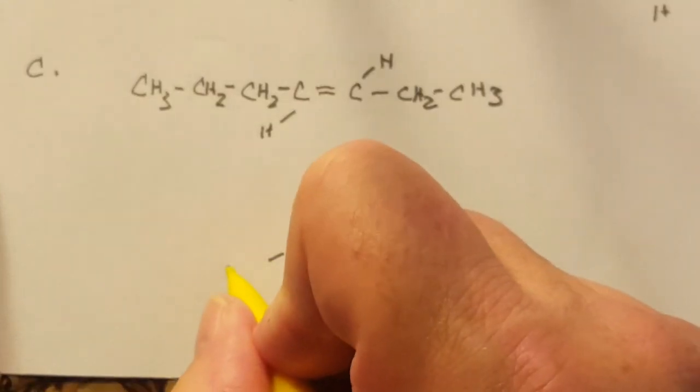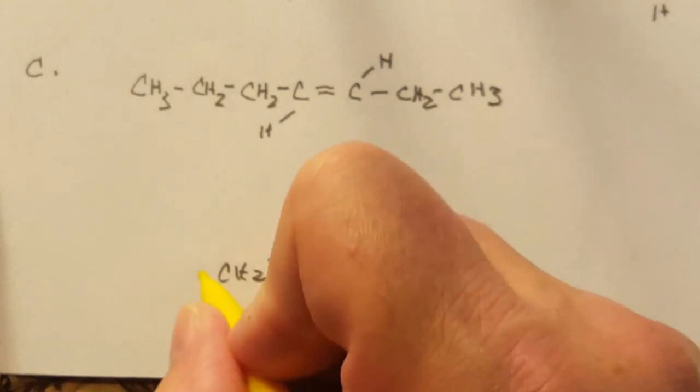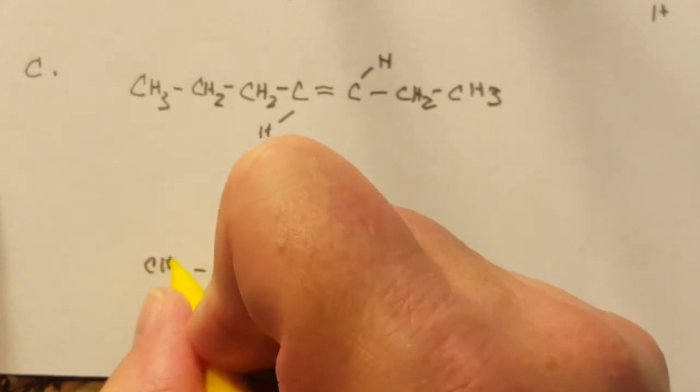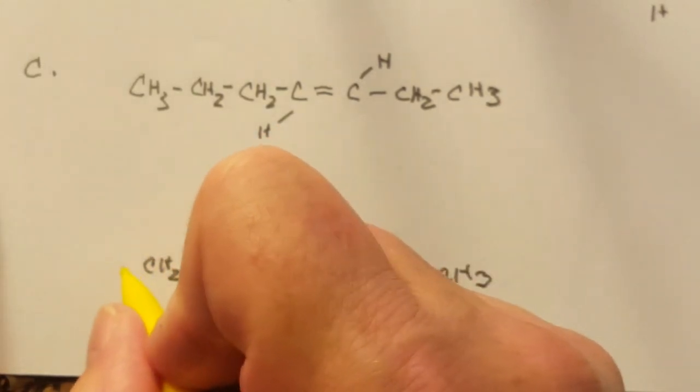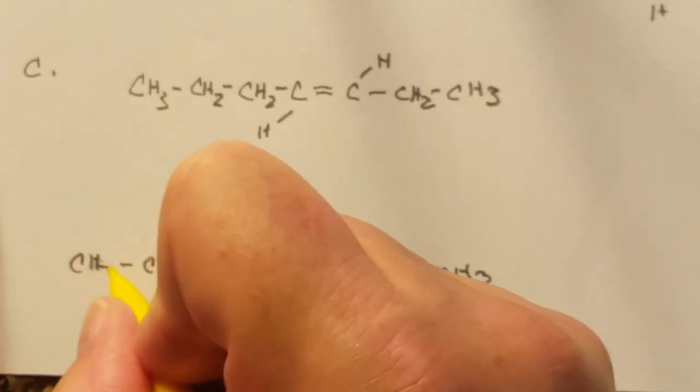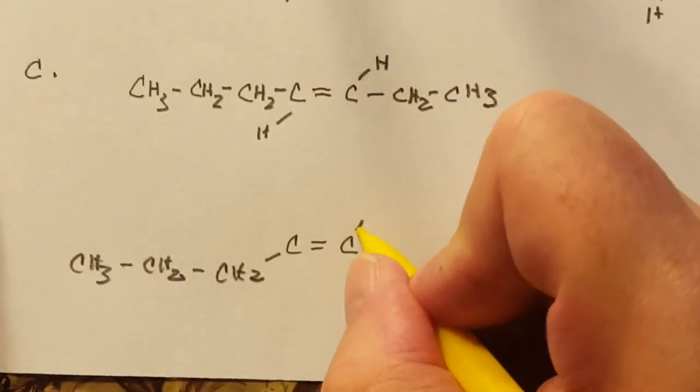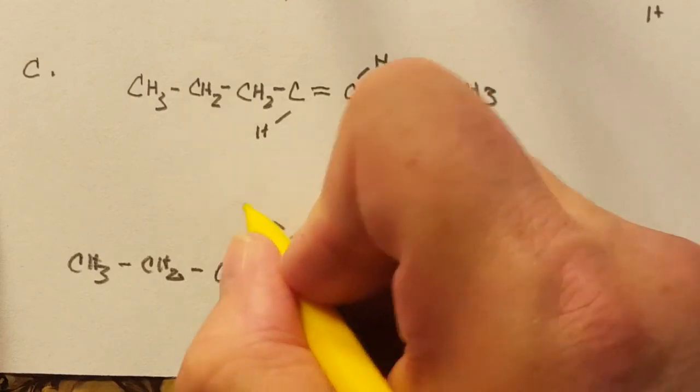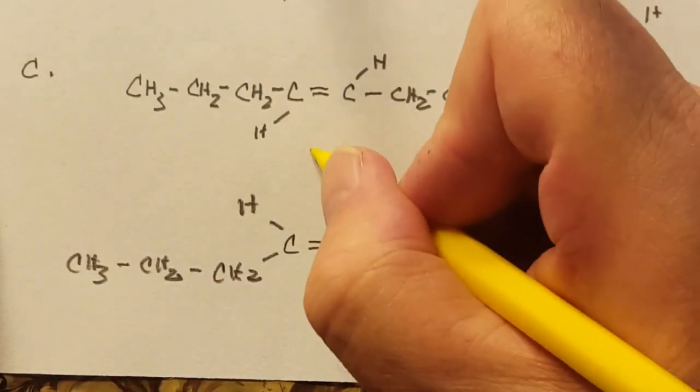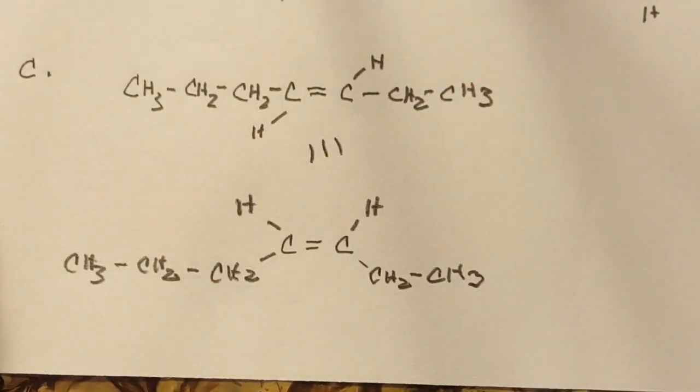This is going to be a CH2, CH2, CH3. The hydrogen's up here. So these are also equivalent structures.